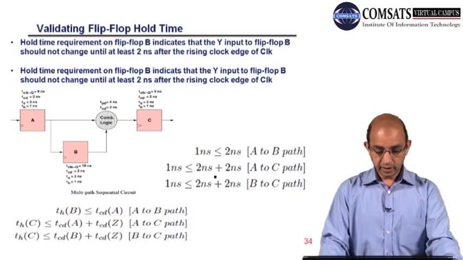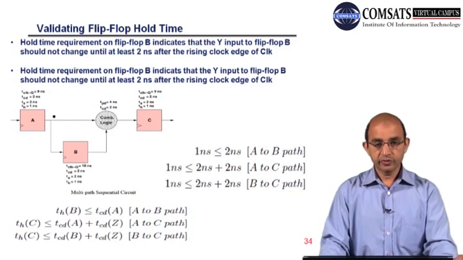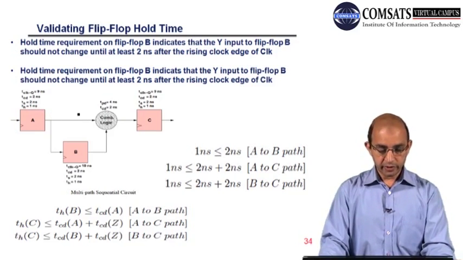And from A to C, again hold time 1 nanosecond, and we have to look for the CD from A to C. From A to C, this is the shortest path and this is the longest path.